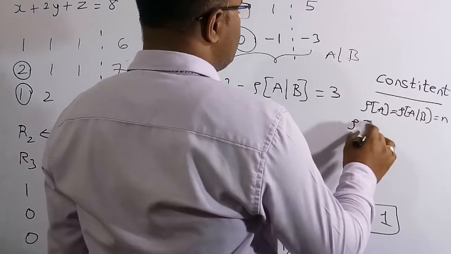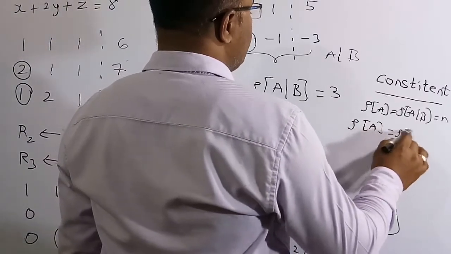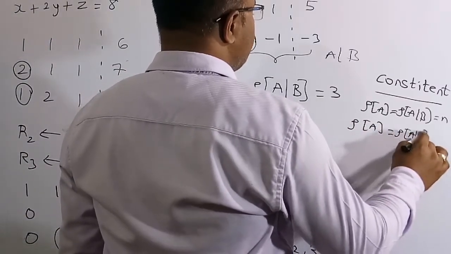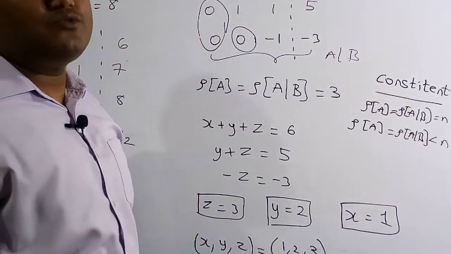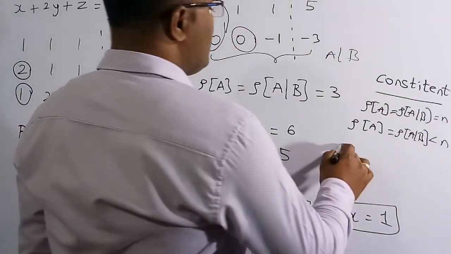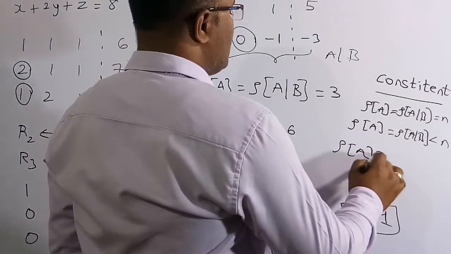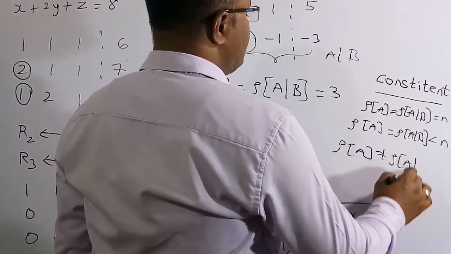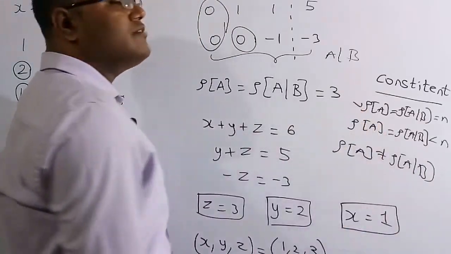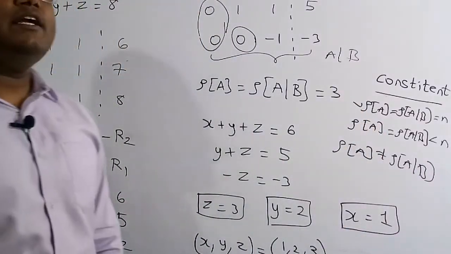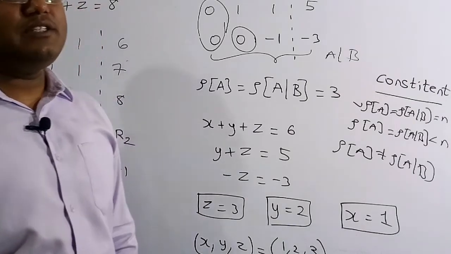But if the rank of A is equal to the rank of A bar B, but it is less than n, it indicates that there are infinite number of solutions. But if rank of A is never equal to rank of A bar B, then definitely we can say that there is no solution, so only the first equation is satisfied. So simply we can say that only a unique solution is going to exist for these equations.